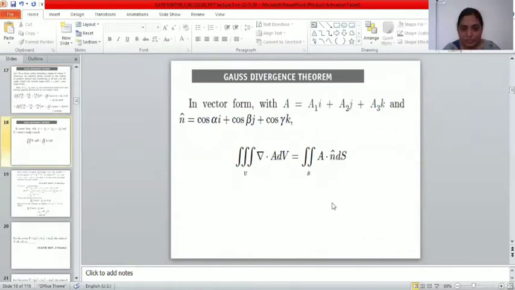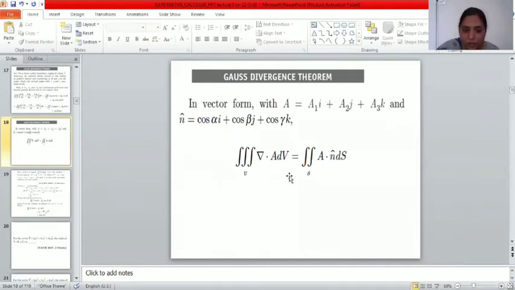It is defined as the triple integration of del dot A bar dV is equal to the double surface integral of A bar dot n cap dS.